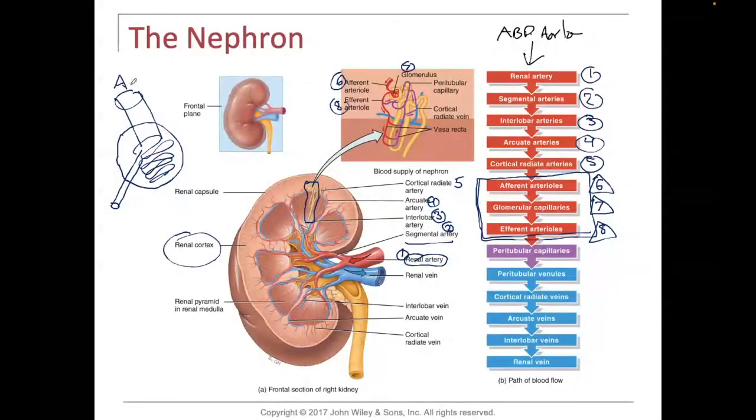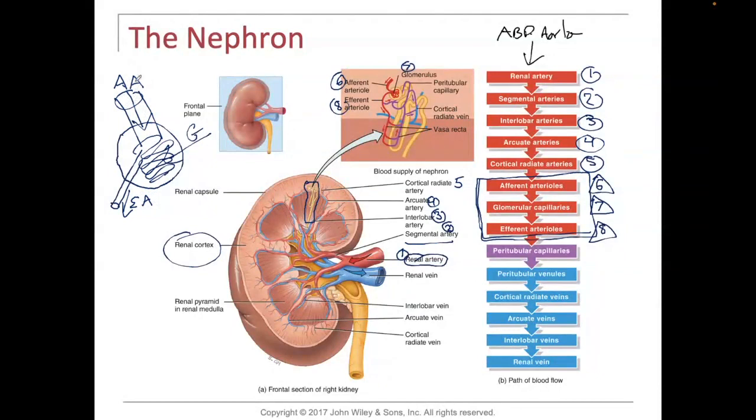So this is the afferent arteriole bringing blood into the glomerulus, and here coming out, that's the efferent arteriole.